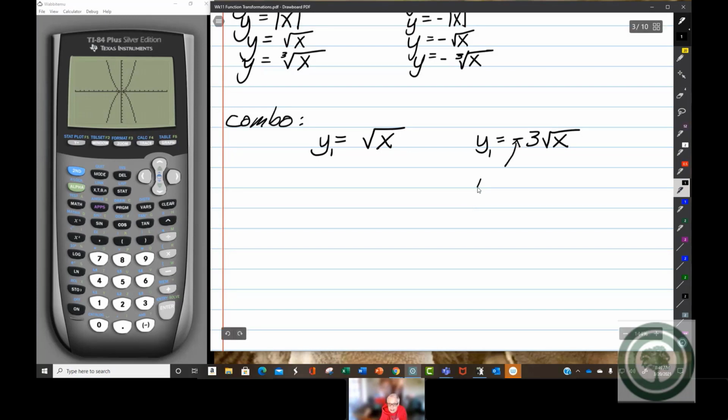That negative sign is the reflection across the x-axis.